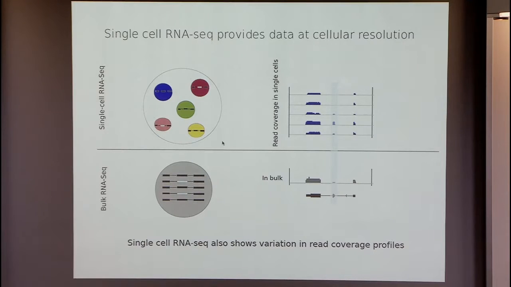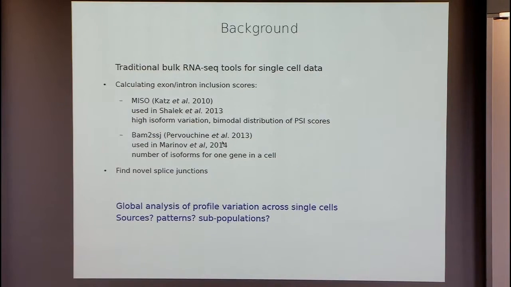This phenomenon has been reported in some recent publications. Traditional tools to study alternative splicing designed for bulk RNA-seq can be used to some extent with single-cell data. For example, MISO, which can calculate exon inclusion scores, has been used by Xiuwei et al. to show that there's high isoform variation in single cells.